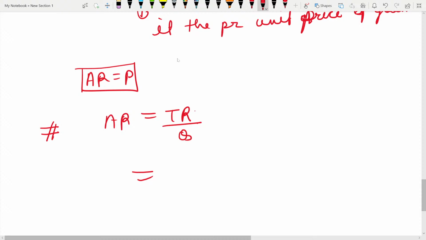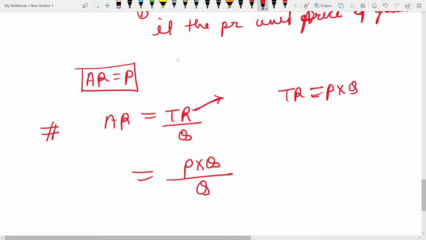Now expanding total revenue, we get P into Q, because TR is price into quantity. So we can replace TR with P into Q, and then Q and Q cancel out, and we get P. That's why we always say that AR is equal to P, price.